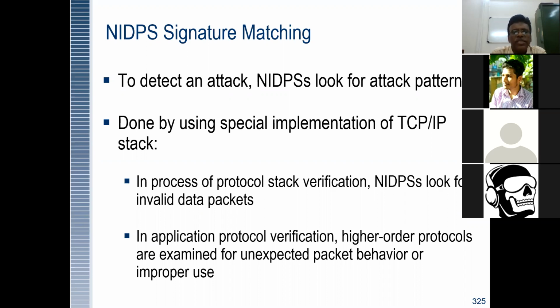Once that verification is done, for any application, higher order protocols are examined for unexpected packet behavior. Even if there are chances of something not being identified with the standard protocol stack verification and invalid data checks, there is one more level of verification which happens with the help of higher order protocols.